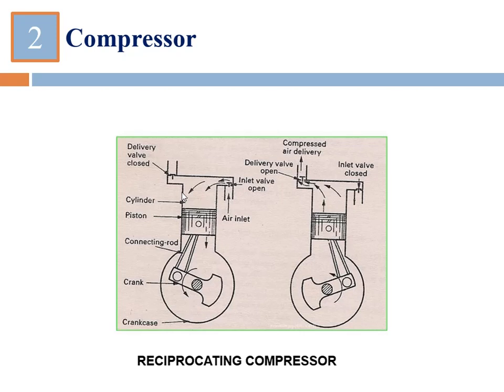So we can now say that during this travel of the piston, that means during the stroke of the piston from TDC to BDC, a little bit of vacuum gets created over here because the volume is increasing. You can see the piston is going down and down, so the volume within the cylinder is increasing, and it will affect the pressure within the cylinder also, which will decrease.